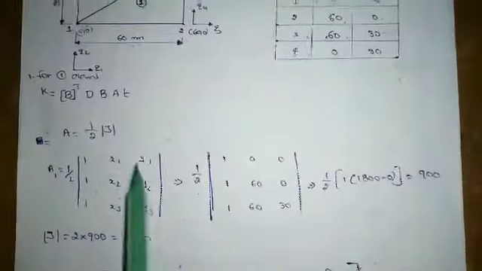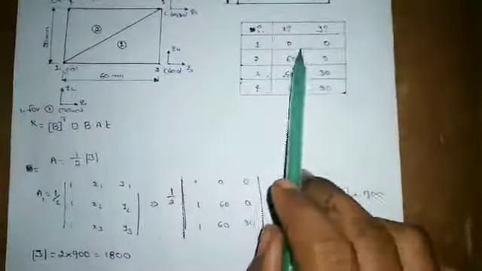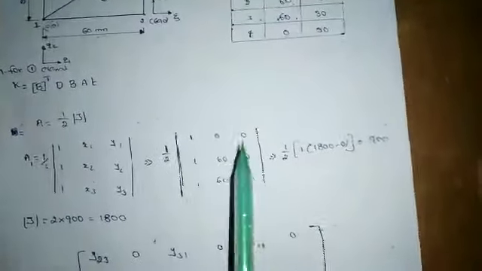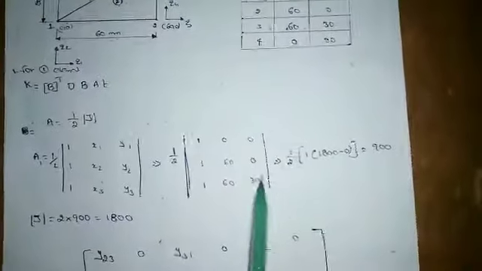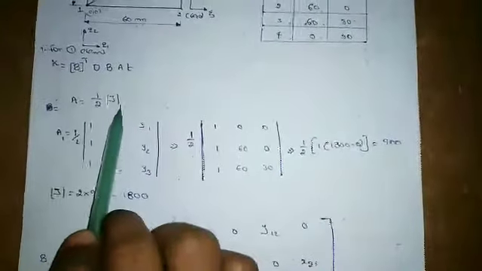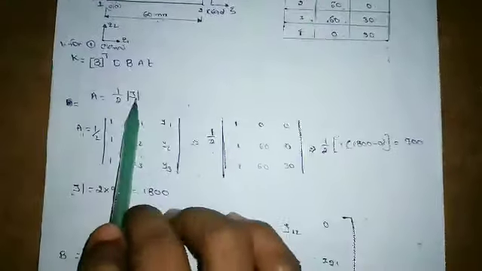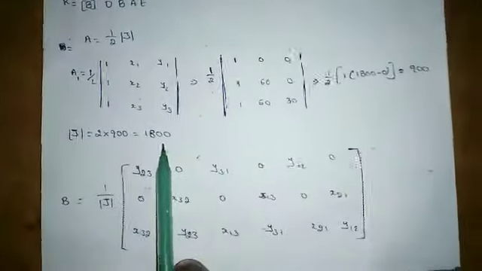From this diagram take x1 y1, x2 y2, x3 y3 and substitute here. Applying the determinant to this matrix, you get the value 900. But here area equals half det J, and we also need det J. So 2 multiplied by A gives det J. So det J value is 1800.